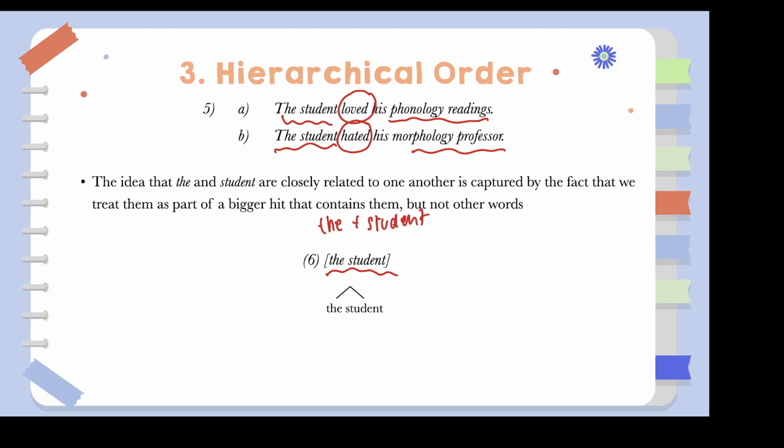That is not the case, because when we analyze using linear order, it cannot capture the fact that some parts of the sentence are treated as bigger than other parts. The part the student cannot be compared with his morphology professor or his phonology readings, because different parts of the sentence have different sizes of structure.